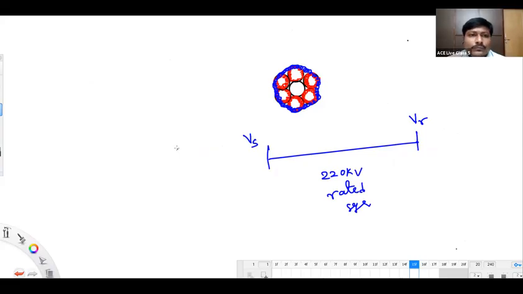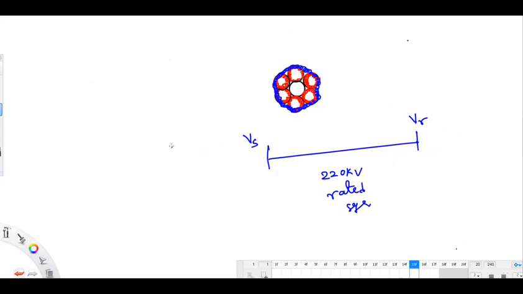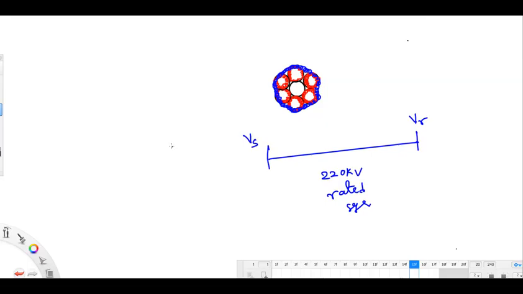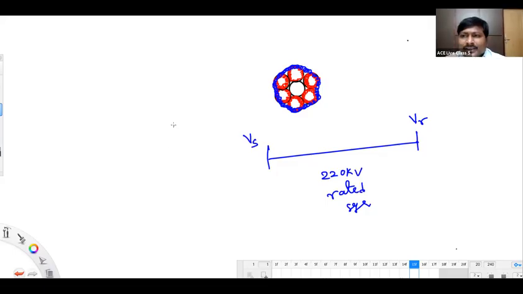Sir, in the composite conductor, between the adjacent strands, will there be current flow because they are connected? One strand to other strand, you are asking? Yes, sir. All are operating at the same voltage, right?